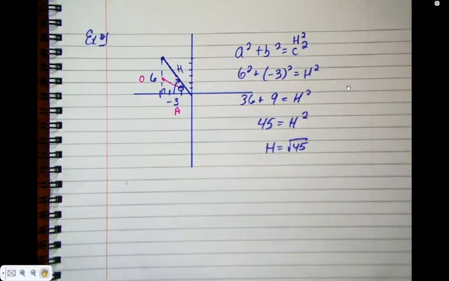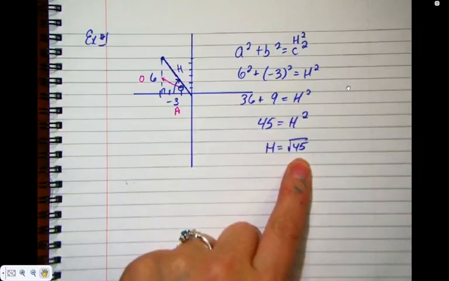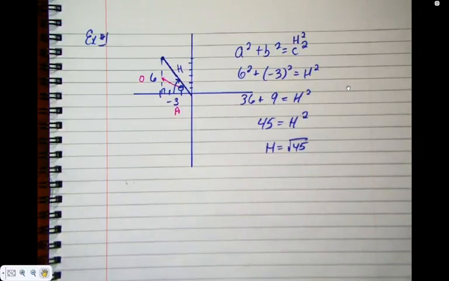Oh, but wait! Remember grade 10 with radicals, and you have to simplify radicals? Remember that? And so we got to think, what are the factors of 45 that's a perfect square? So we're like, 1 times 45? No. 2 times? Nothing. 3 times? 15? No. Oh. 9 and 5.